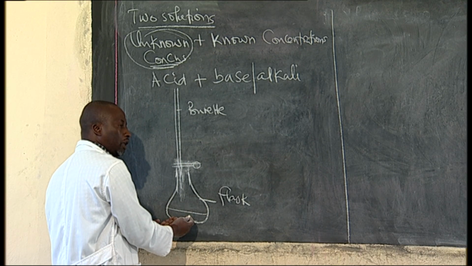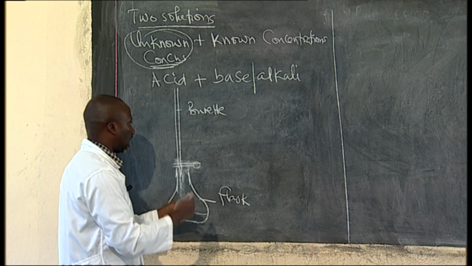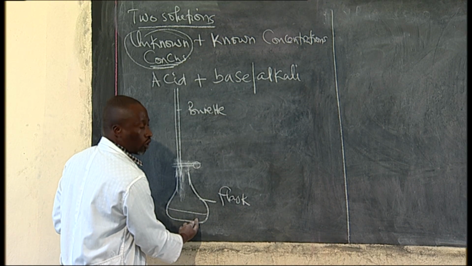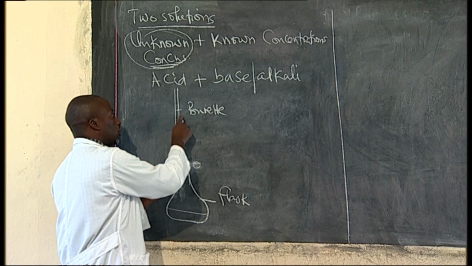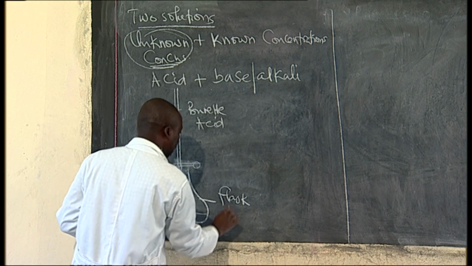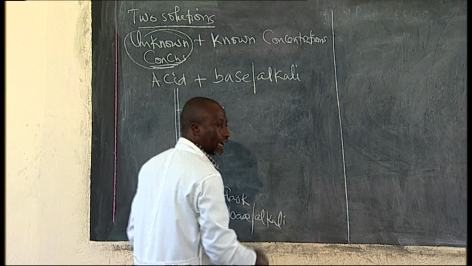Either this one may be known, or this one is known, or vice versa. This one is unknown, and this one is known. So you want to determine the concentration of what is here. Maybe here you have the acid, and here you have the base or alkali.